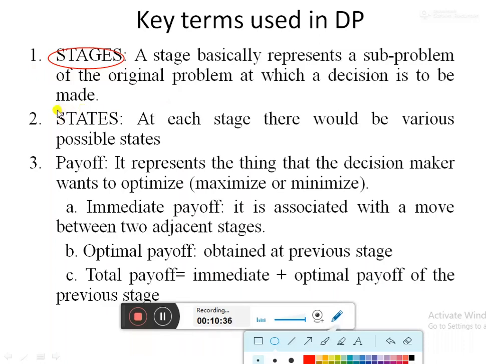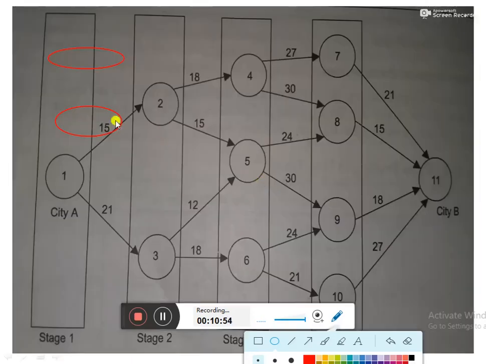The second term that is used in dynamic programming is states. What is the meaning of states? The state basically represents the various possible options that are available with the decision maker at a particular stage. Like in this diagram, at stage 2 there are 2 options with the decision maker, that is node 2 and node 3.